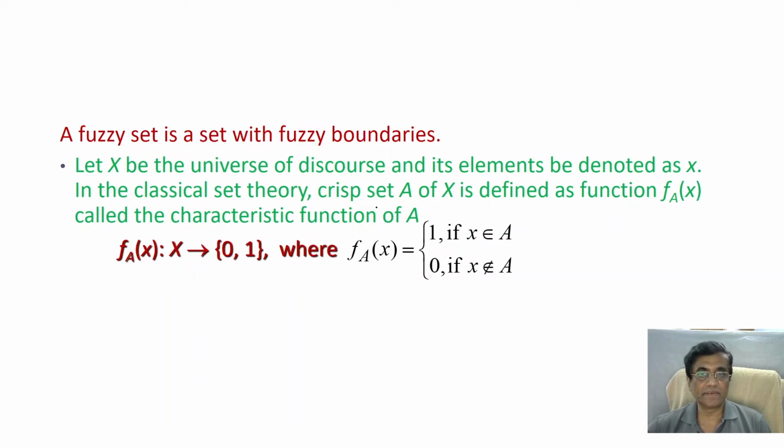In classical set theory, or crisp set, x is defined like a function. f_A is called the characteristic function of A. For a crisp set A, the characteristic function over elements of the universe of discourse X has only two values, either 0 or 1. That means either a particular element belongs to a class or it does not belong to a class.